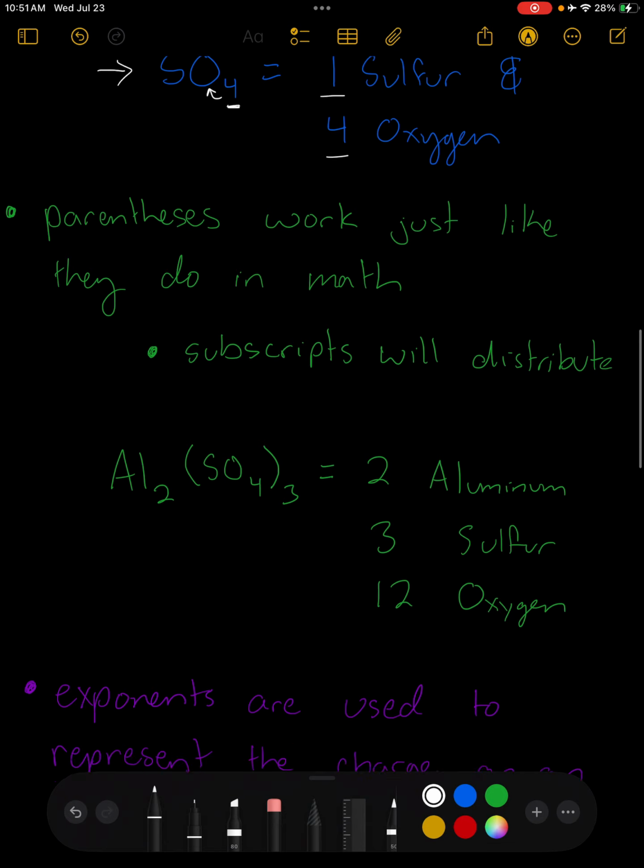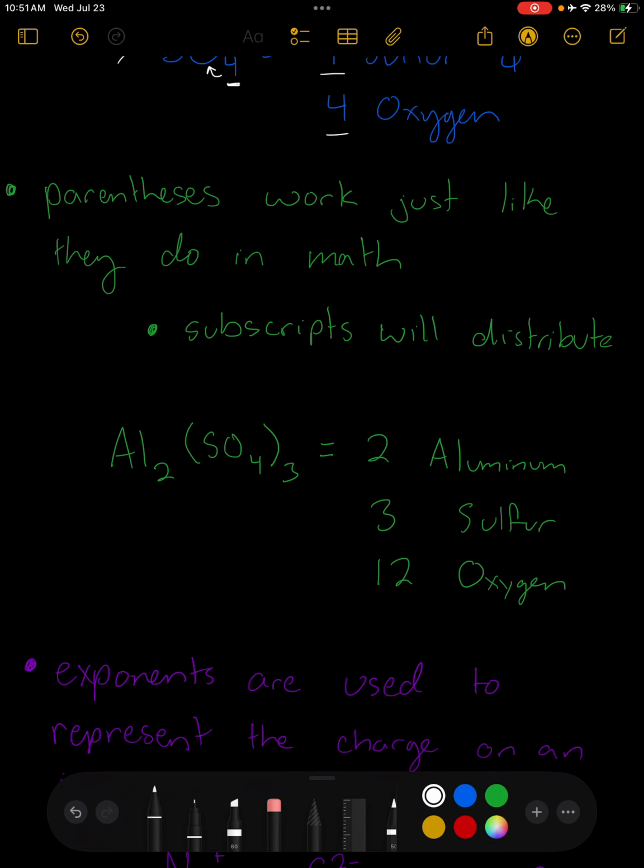If you see parentheses in a compound or in a larger chemical equation, parentheses are going to work just like they do in math. The format is just a little bit different. So looking at this example right here, we see that there's a set of parentheses around that SO4. That set of parentheses is meant to isolate SO4 and also tell you that this little subscript right here is going to distribute to everything in that compound.